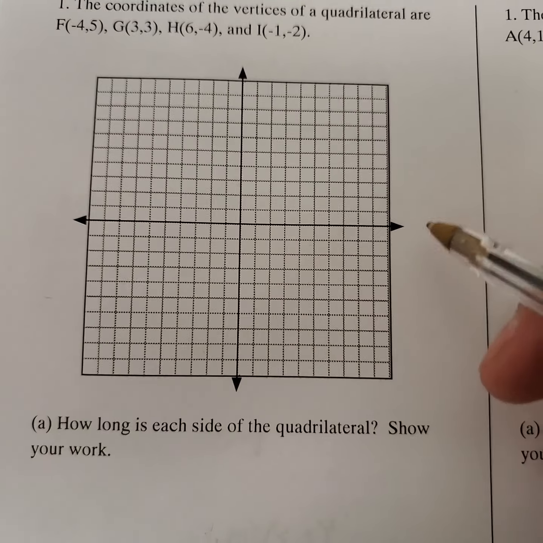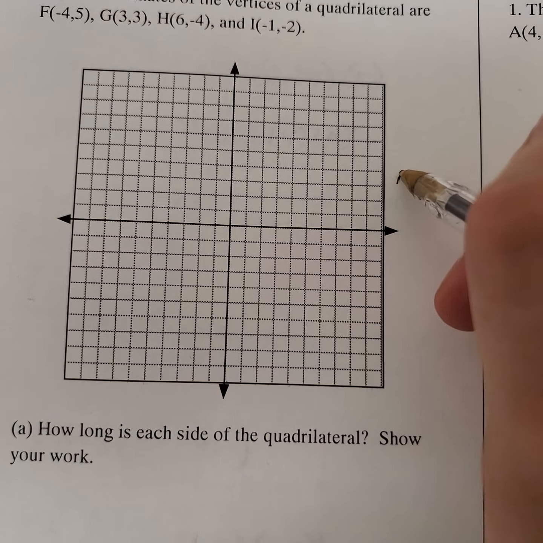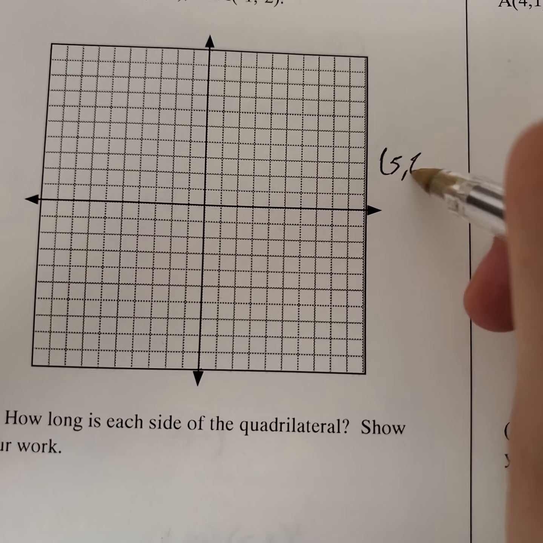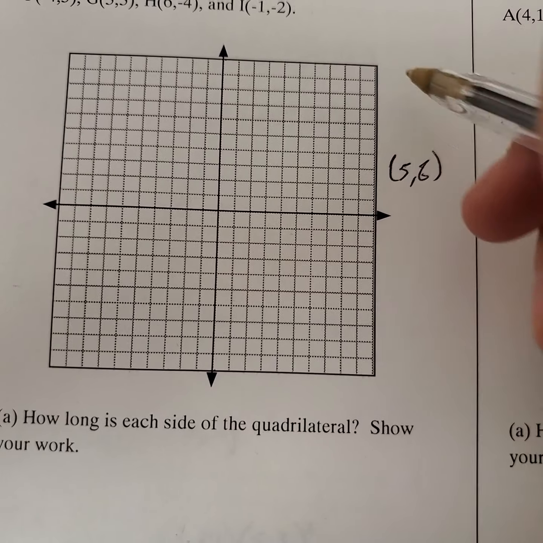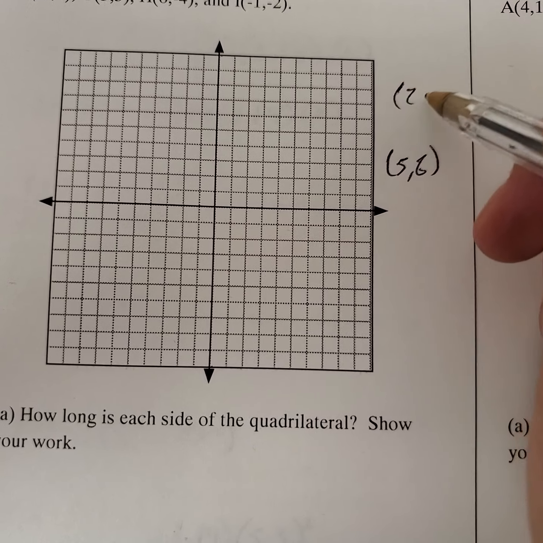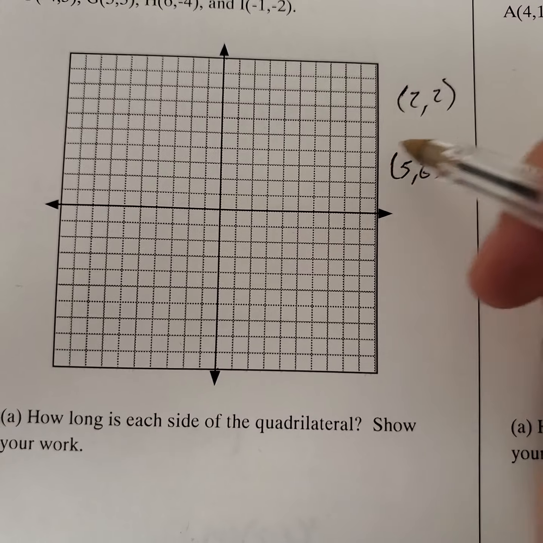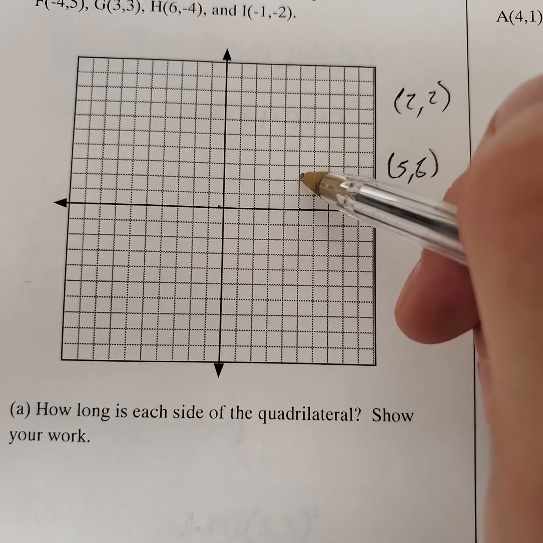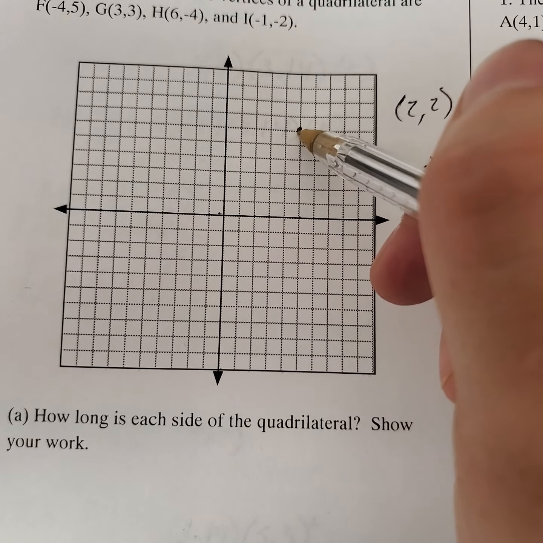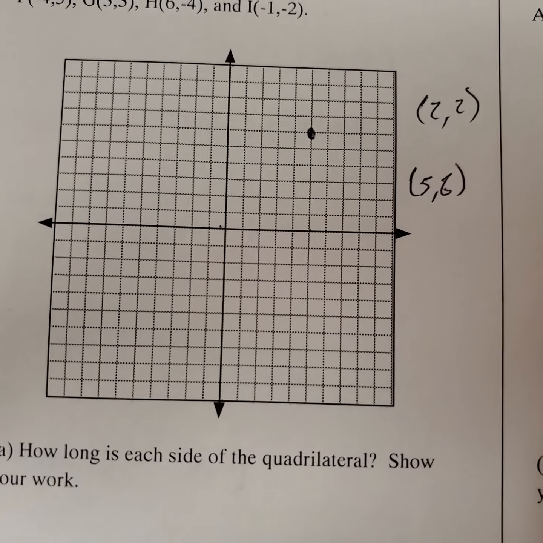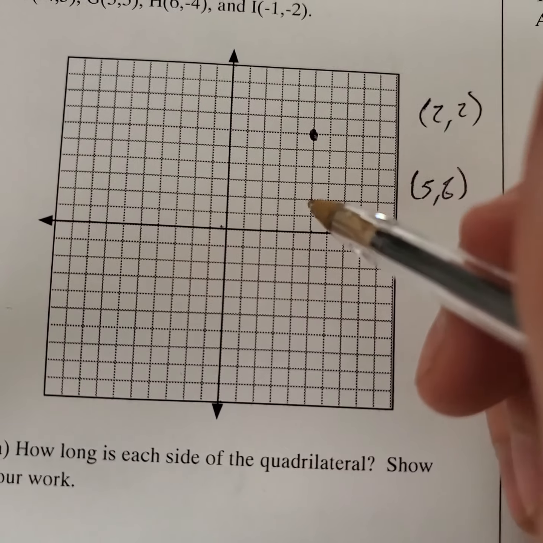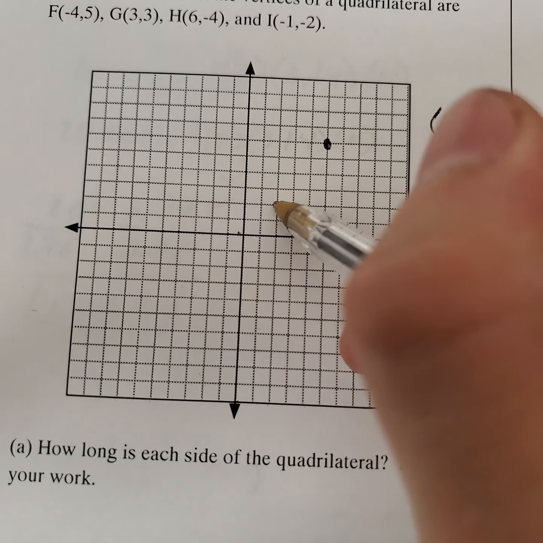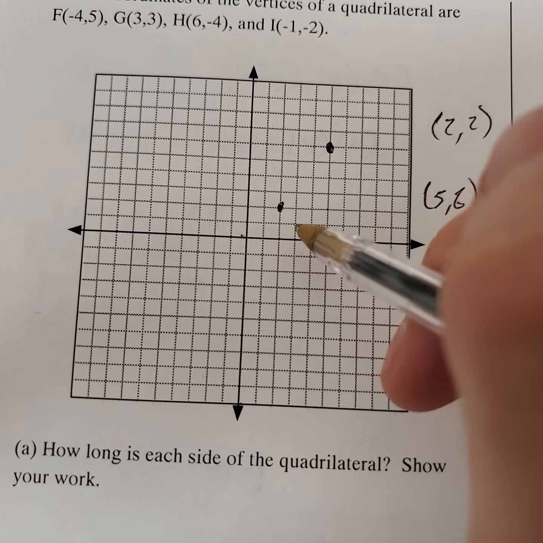The center was at 5,6 and the circle passes through 2,2. So the center is 5 across and up 6. There is the center of the circle, and it's going to pass through the point 2 and up 2. It has to pass through this point.